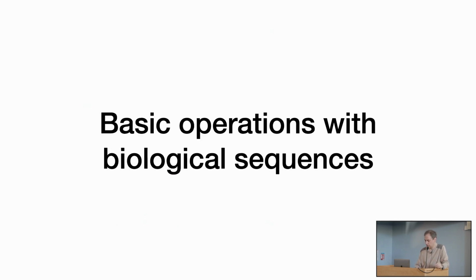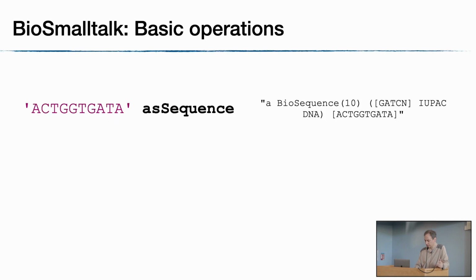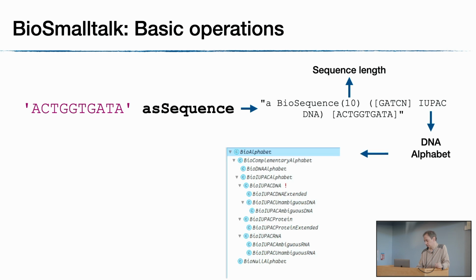So in the library we could represent these operations. We start from a sample sequence and convert it into an object. The object already shows the sequence length and the DNA alphabet, and the DNA alphabet has its own hierarchy of properties, because every kind of alphabet, like DNA or RNA, has different codes.